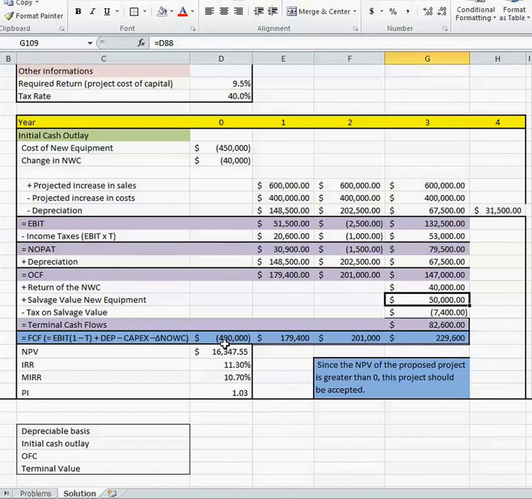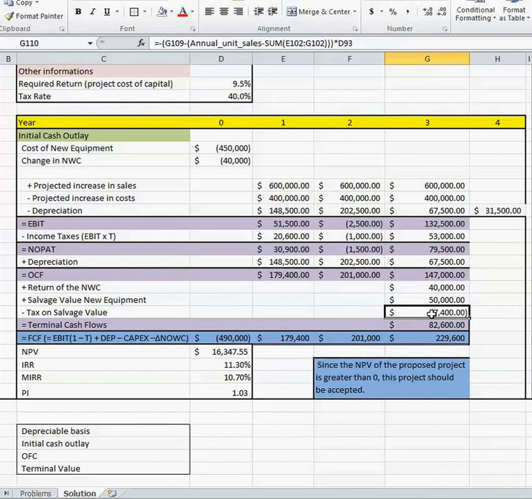You could have more items here, but in this case we have only these two. If you sell the item for $50,000 in the business, you have to pay tax on your sale. So basically $50,000, take out the tax.